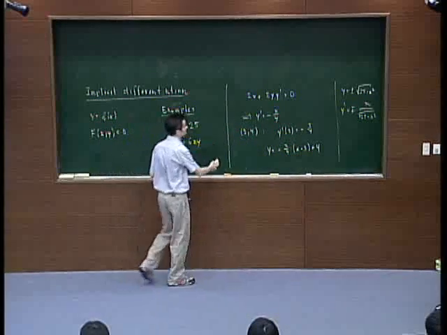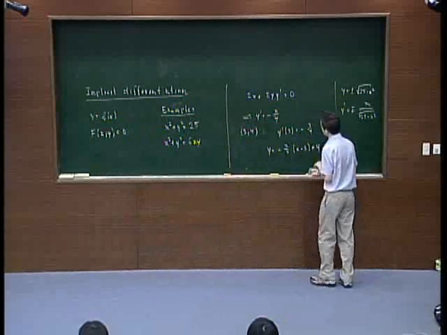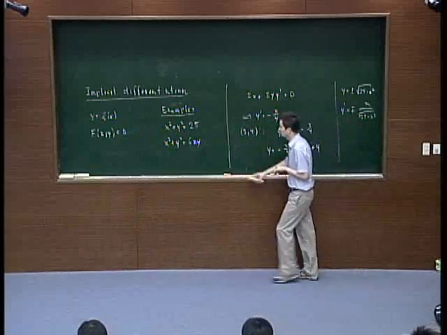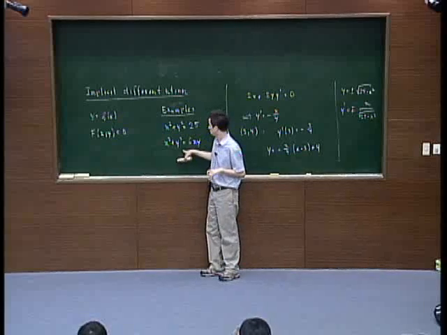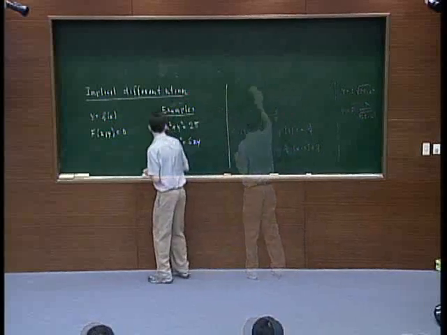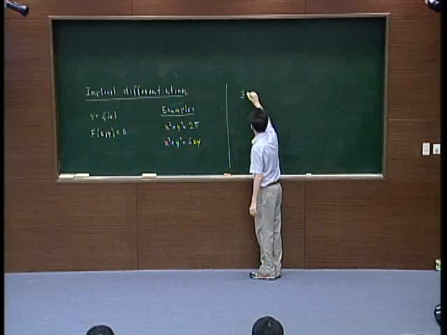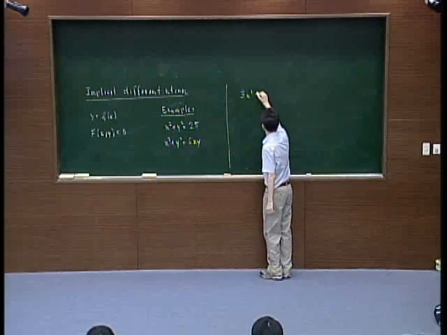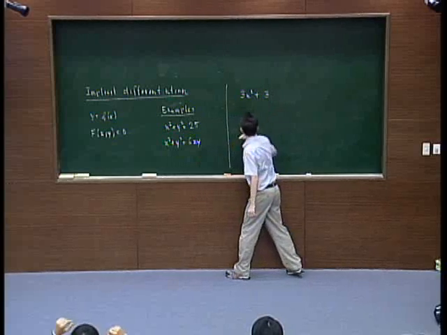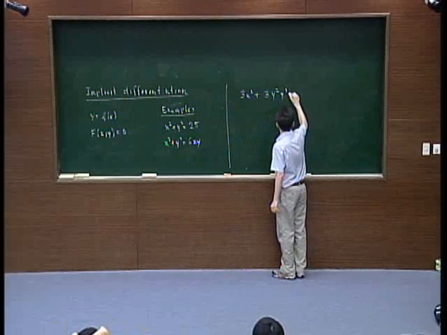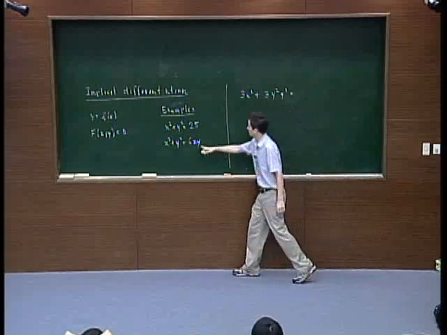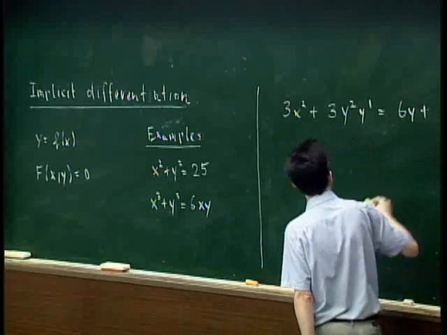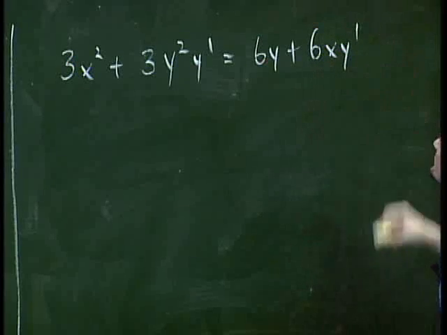Okay, so for this example, we do not really have to rely on the method of implicit differentiation. So let's look at the second one, where it would be more complicated to solve for y. I showed you already last time: we can take the derivative on both sides with respect to x. So here we get 3x squared plus, and here we have to use the chain rule, so 3y squared times the derivative of y, is equal to, using the product rule, 6y plus 6x times the derivative of y.